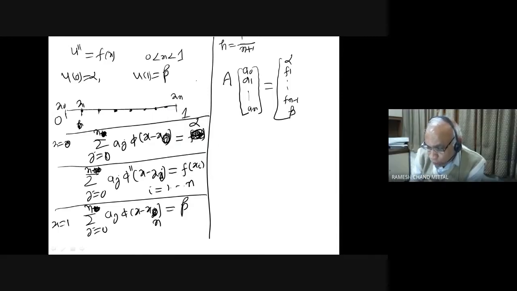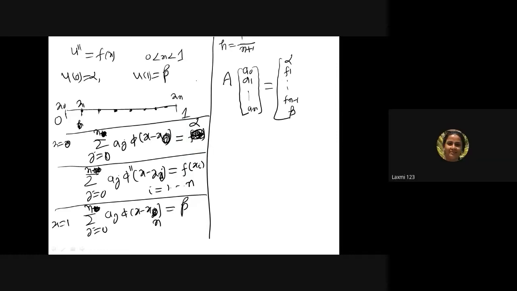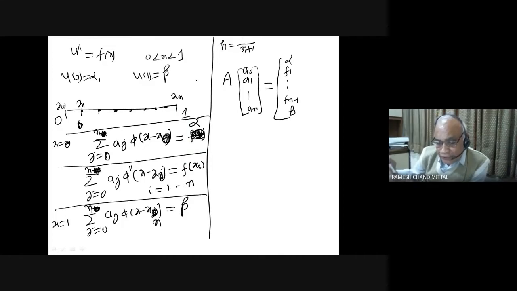When I come to x naught, it is a boundary point, so my RBF approximation will be only for simple interpolation. So this is simple interpolation, right? On the other hand, if I go to x1 or x2 for that matter, i from 1 to n, this is i here, please.